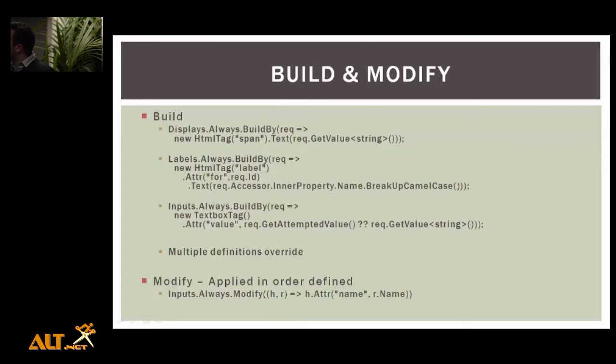The next one down is an input with a text box and throwing the value in. Note that if you have multiple definitions, you'll slowly override what you've done previously. If you want to append onto the end, you use the modify tag. So in this case we're saying, hey, all the inputs that we previously defined up there, we want to add onto them this attribute of the name.